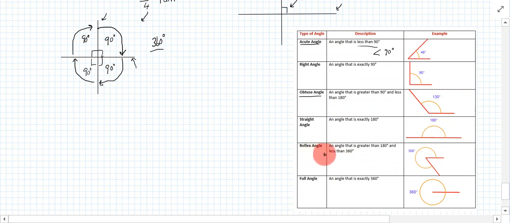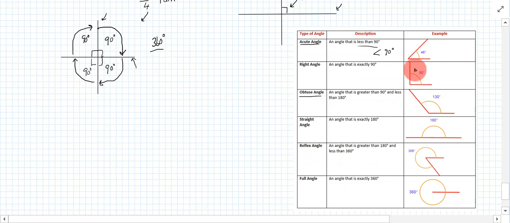We have then what's known as a reflex angle. If you think of the outside of your elbow, for example, as you bend your arm, it forms different types of reflex angles. So a reflex angle is an angle that is greater than 180 degrees but less than 360 degrees. Once you go past this 180 degrees, you get these reflex angles.